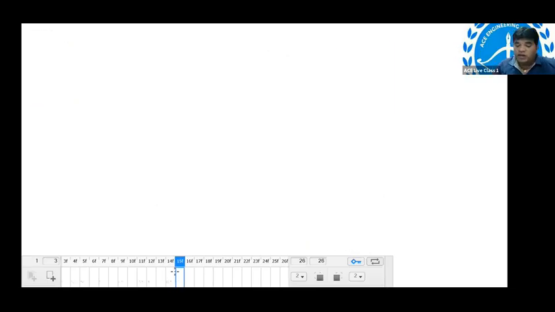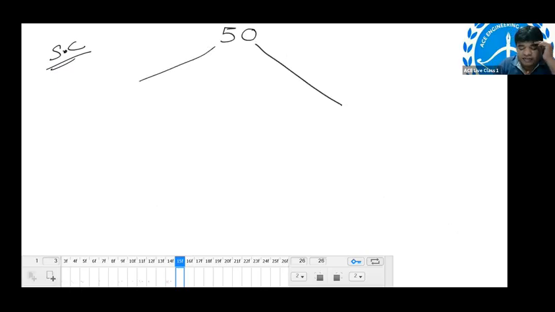Now the shortcut. Second example, your work. You have to tell the answer using our shortcut, just 30 seconds. Initially, you have to calculate the individual quantity of milk and water.